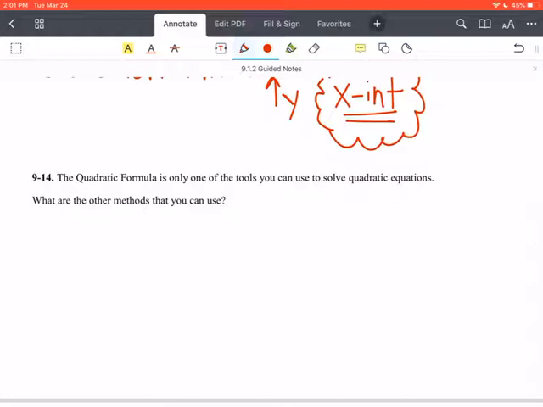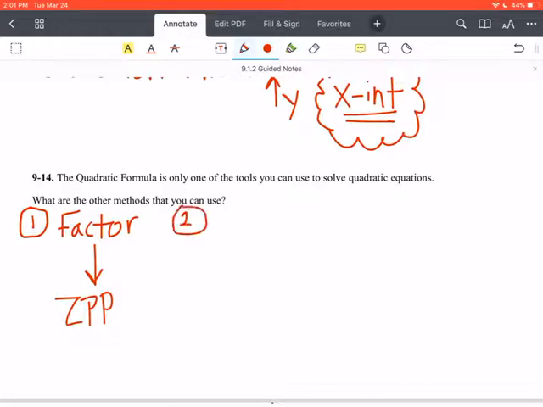So we have 3 methods that we can use for solving quadratic equations. And in later lessons, we're going to go through these further in depth. But the first method that we can use is we can factor and then apply zero product property. However, we've learned that this does not always work because not every quadratic factors.